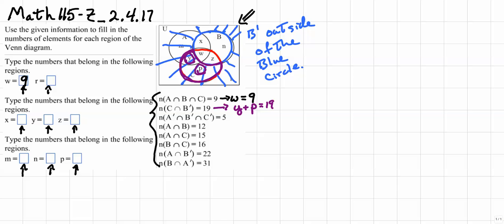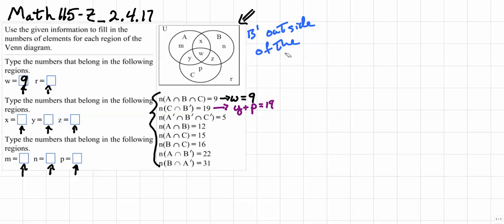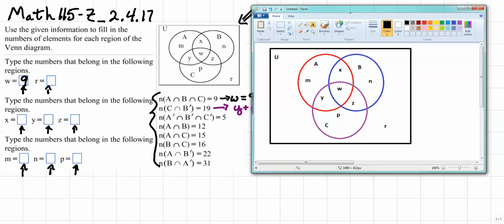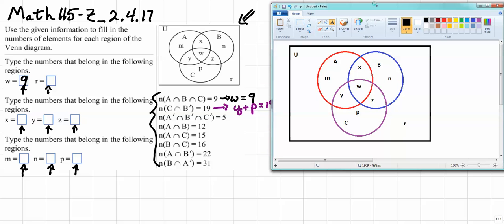The next one that we'll look at is going to be the number of A complement intersect B complement intersect C complement. Now in order to do this, it gets really tricky, so I'm going to bring in another program and use the color feature to do this.